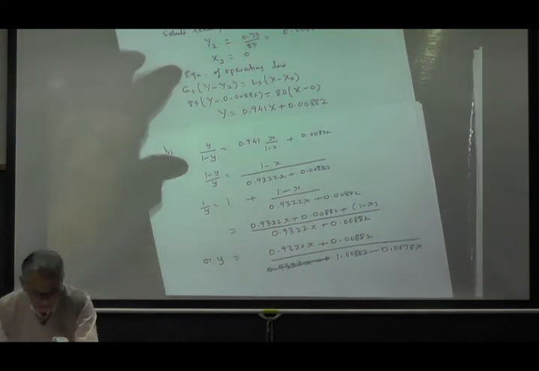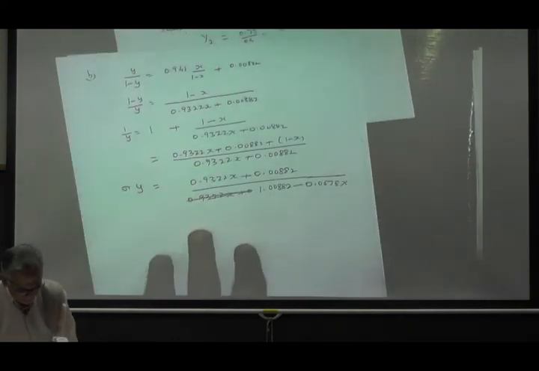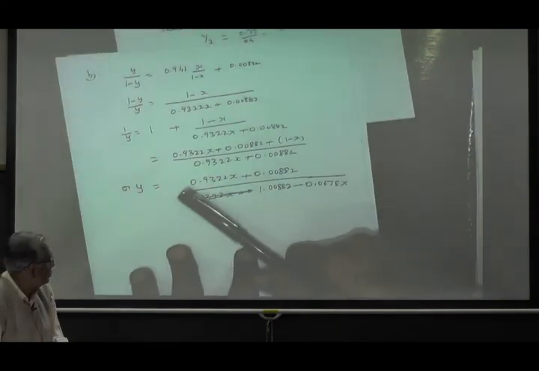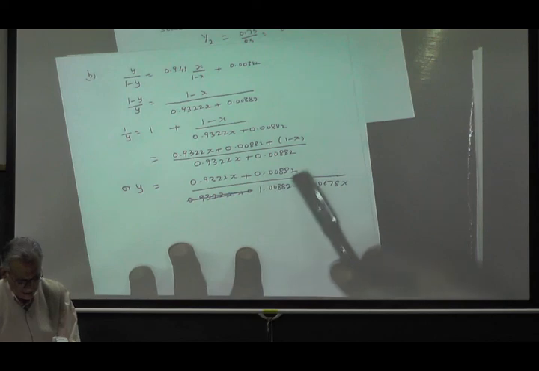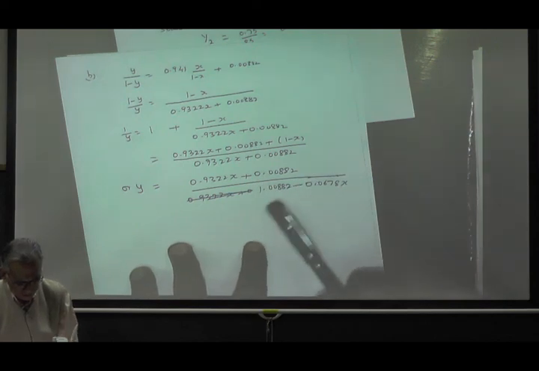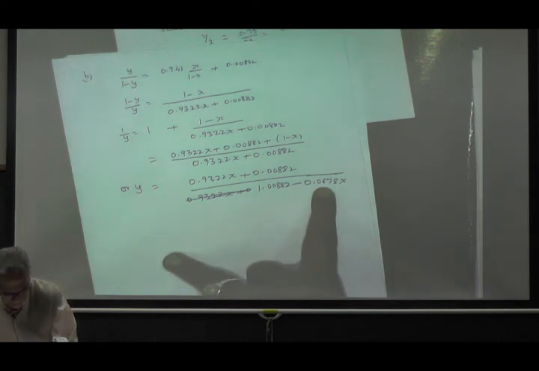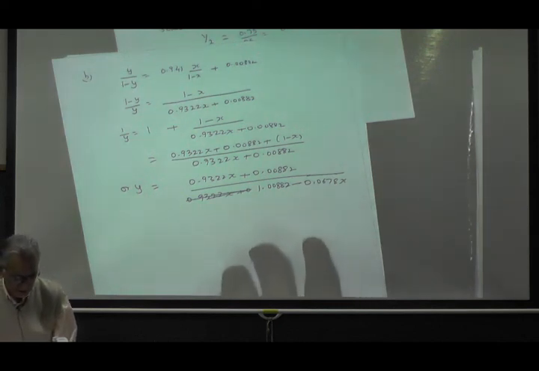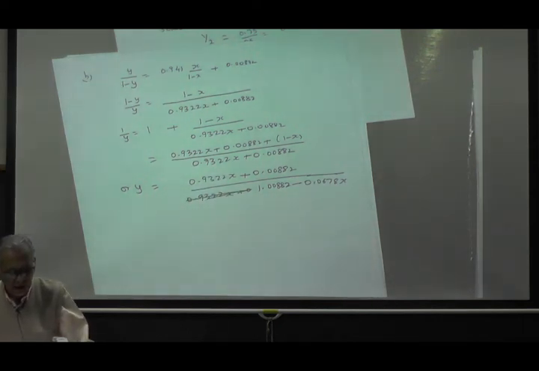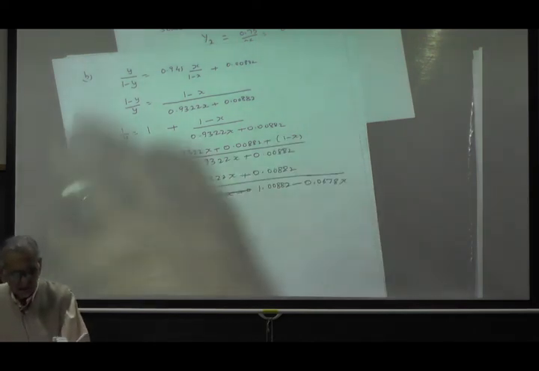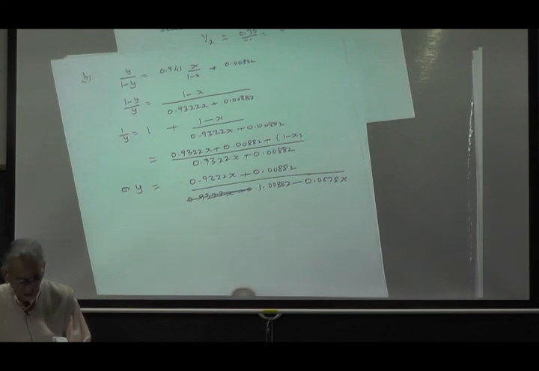So when you simplify this numerator and invert, this is what you get. y is equal to 0.9322x plus 0.00882 divided by 1.00882 minus 0.0678x. So as you can see, when you work in terms of small y's and small x's, you don't get a linear equation, but it's a curve. Then you can plot y versus x.